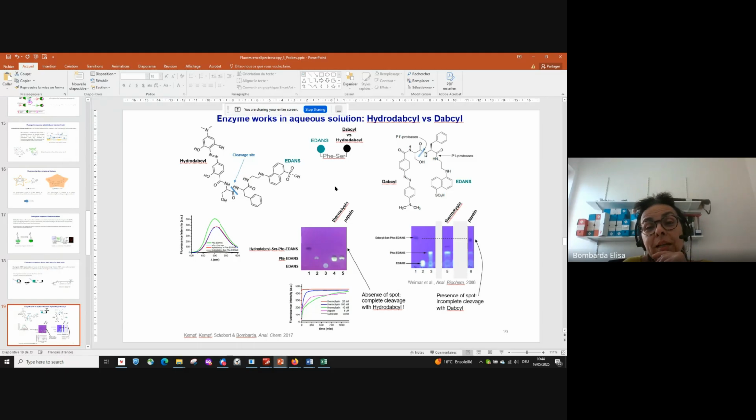It was already used in the literature with dapsil, and we made a similar experiment with hydrodapsil, and all the tests that we did, also with thin layer chromatography, proved that when a hydrophilic quencher is used, the enzyme actually works more efficiently.